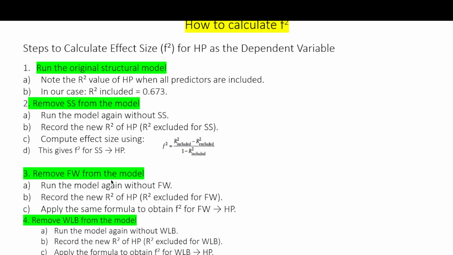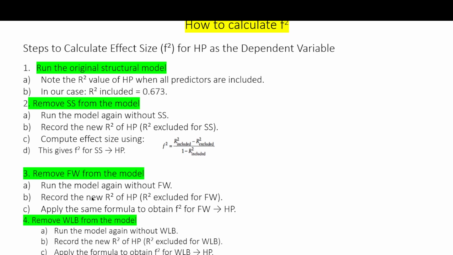Now, in order to compute the F square value of FW, remove FW from the model, run the model again without FW, record the new R square of HP, the R square excluded for FW, and apply the same formula to obtain the effect size for financial well-being with respect to HP.